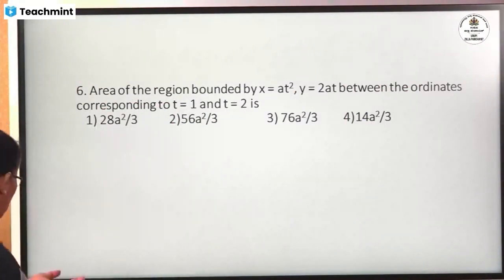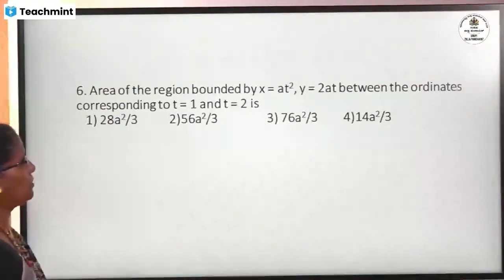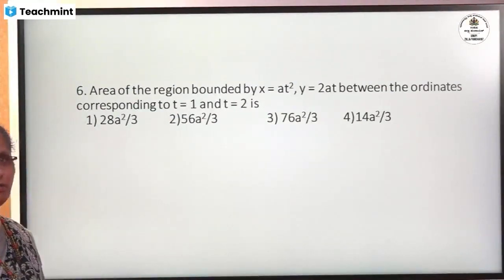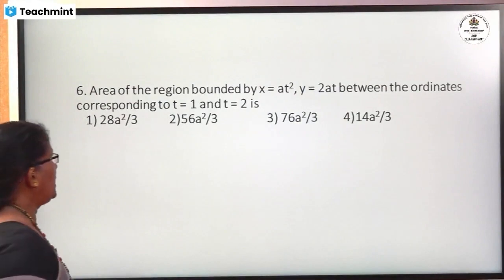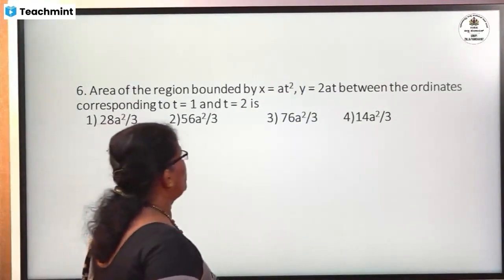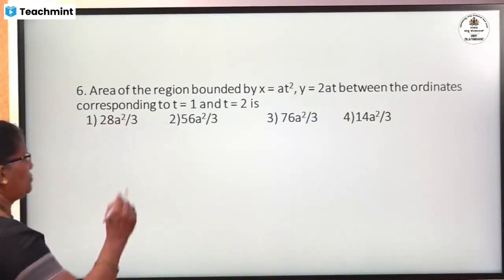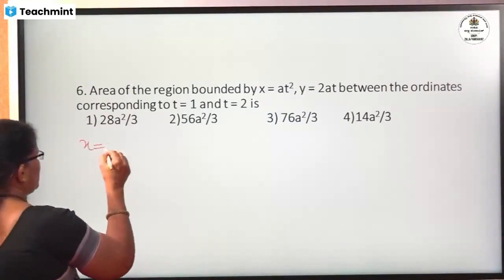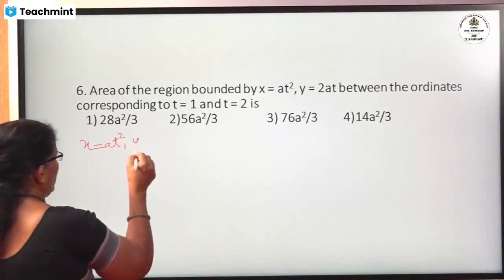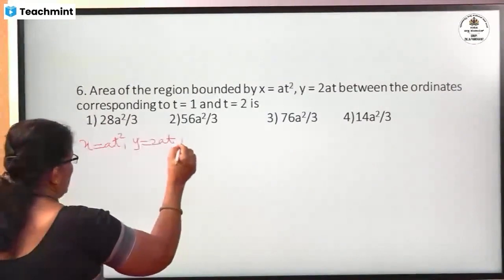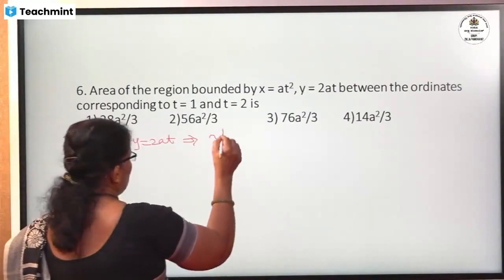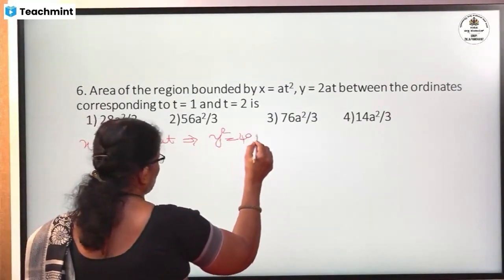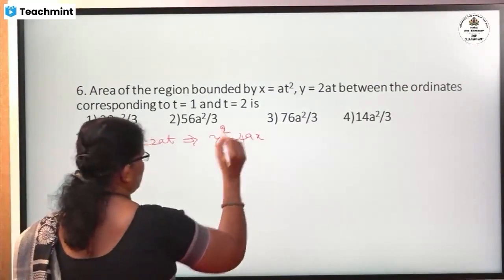Area of the region bounded by x is equal to at squared, y is equal to 2at, between the ordinates corresponding to t equal to 1 and t equal to 2. You should remember that x is equal to at squared, y is equal to 2at actually represents the parabola y squared equal to 4ax.